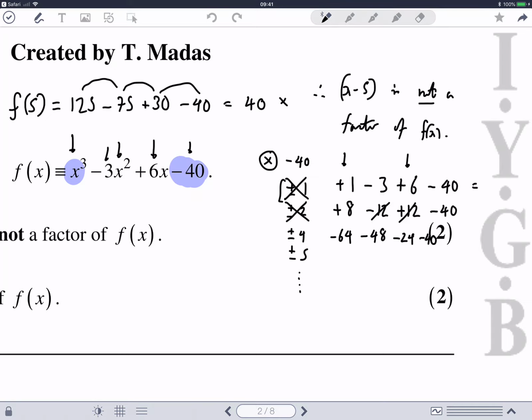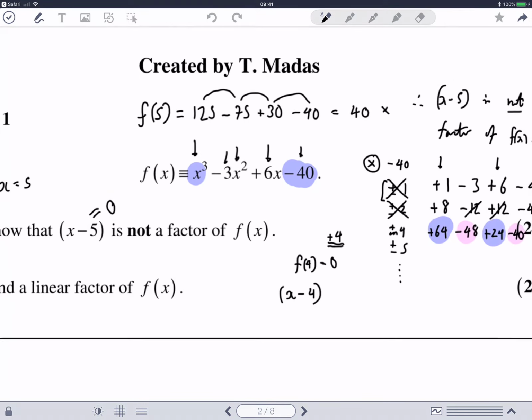Okay, now if I take positive 4, then plus 64 and plus 24, and lo and behold, I think this looks like it's going to work, because 64 plus 24 will give positive 88, and negative 48 and negative 40 is negative 88, so this indeed equals 0. So that means f of 4 equals 0, that must mean x minus 4 is a factor.